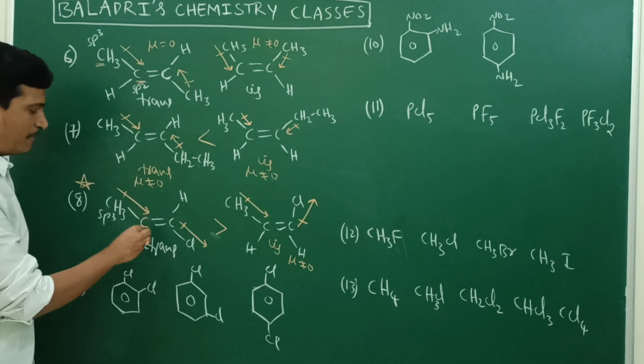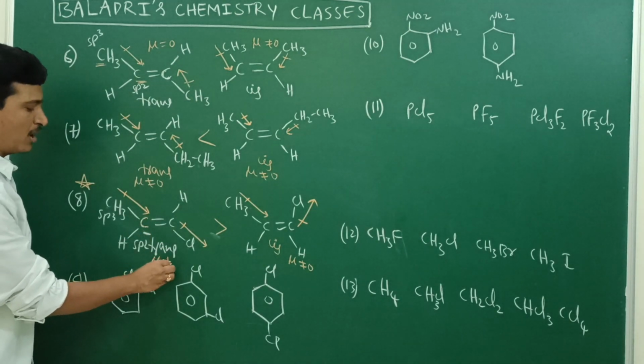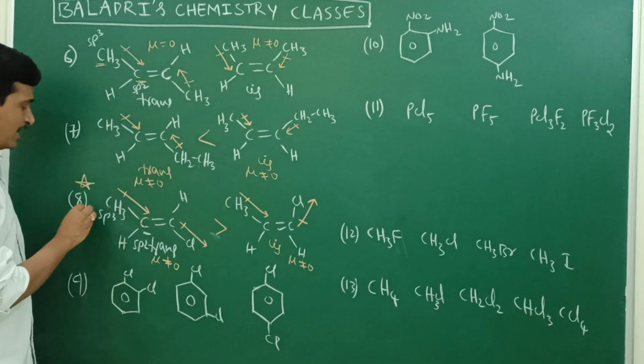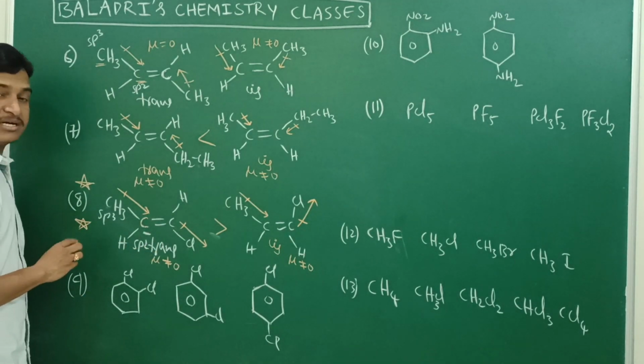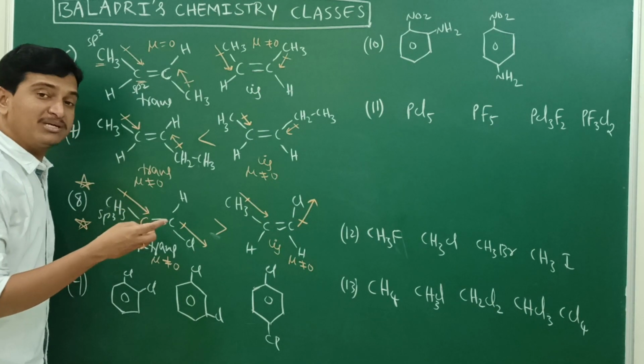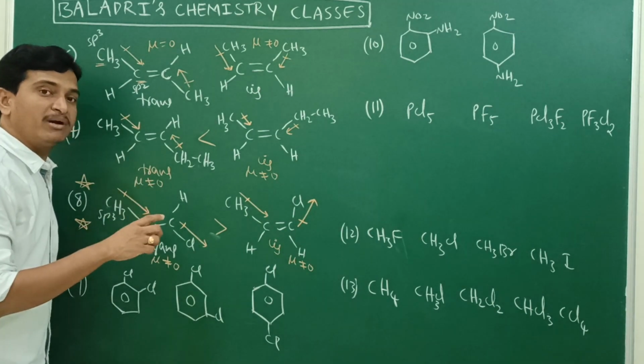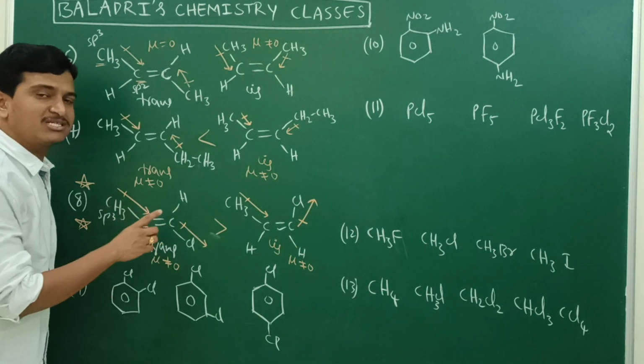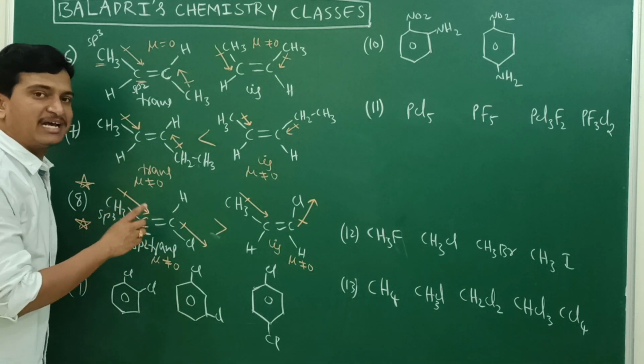Both are polar, but trans is more polar than the cis one. We can come across examples like this. These examples are very important. Always we remember that trans will have less dipole moment or 0 dipole moment, but here the trans one is more than cis. That's why always observe the direction of the vectors.